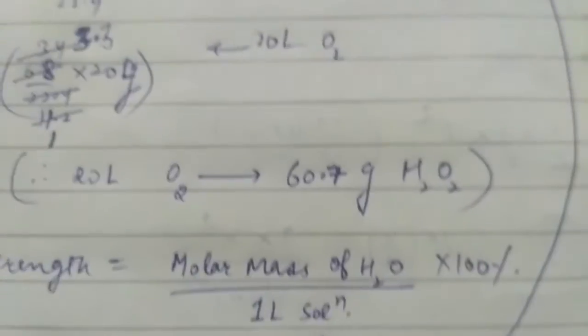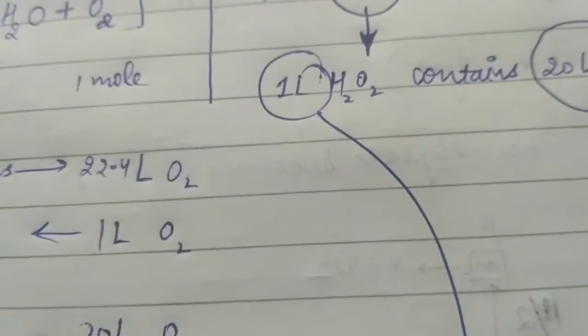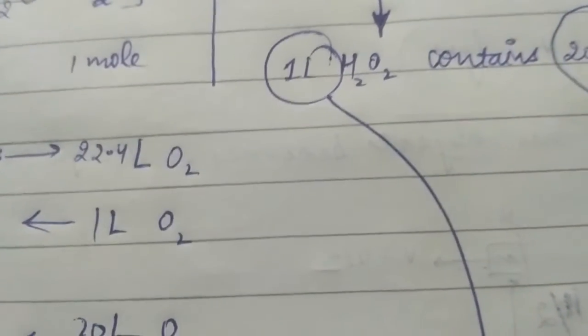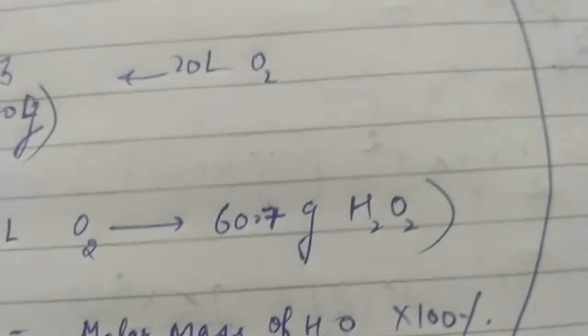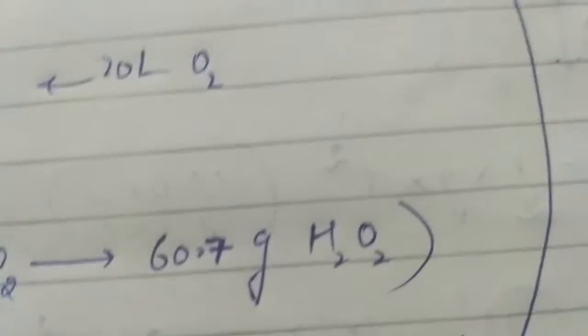Now I have to find the strength. See, why did I do this calculation? Because 20 liters corresponds to 1 liter of H2O2, and we know that strength is equal to the mass of H2O2 upon its volume, 1 liter. I'm sorry for this, because here mass will come.